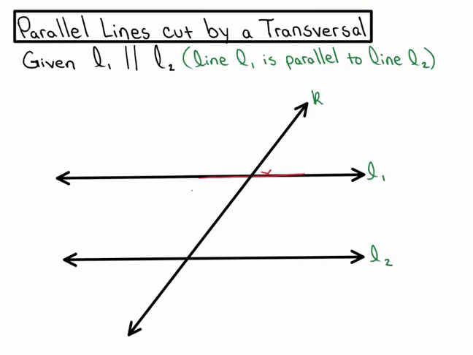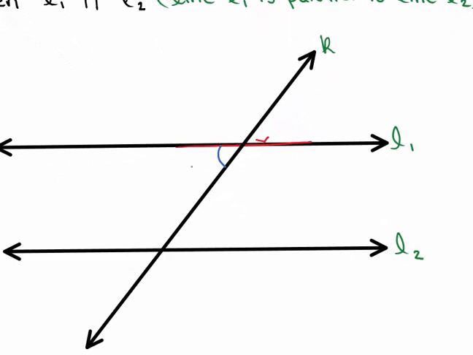We're going to say that this angle right here is 33 minus 3x degrees. And this angle right here is going to be 4x plus 9, the quantity of 4x plus 9.